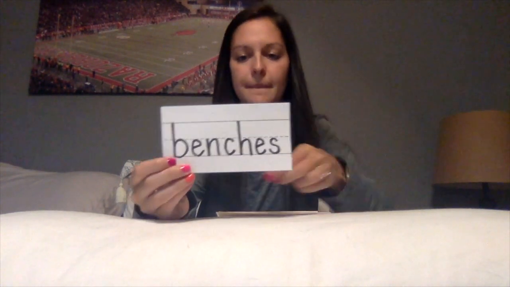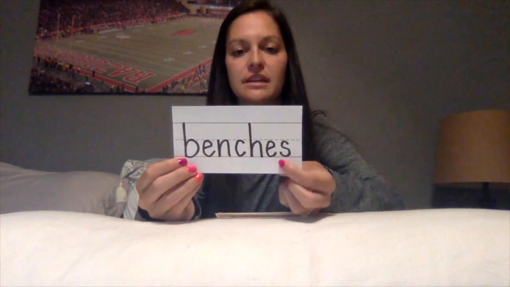So you write that. B-e-nch. When you finish bench, to make it benches, you just add your suffix es, which we know are the letters es. So let's see if you got that one right. Bench is benches.